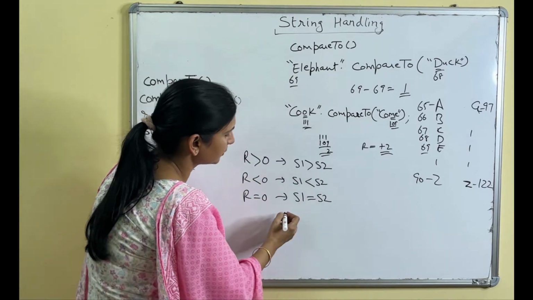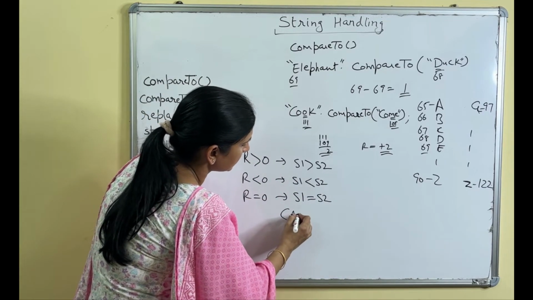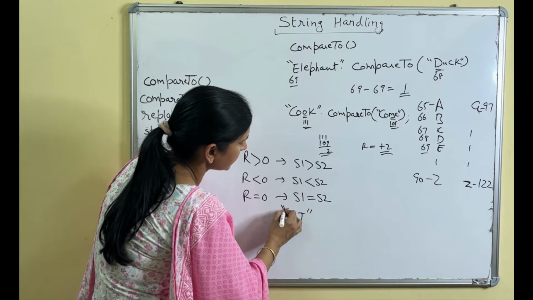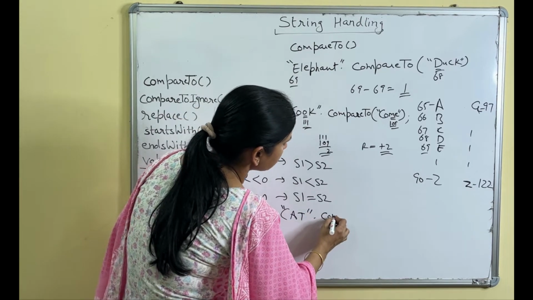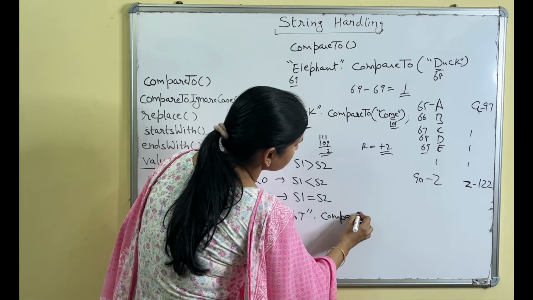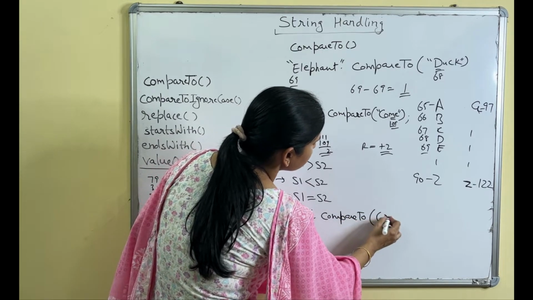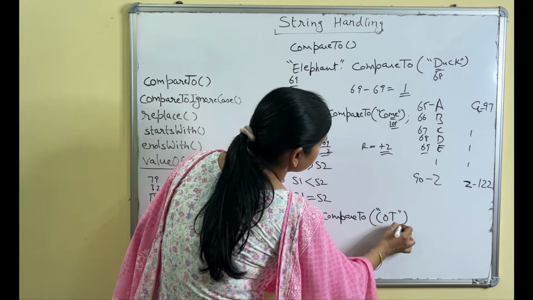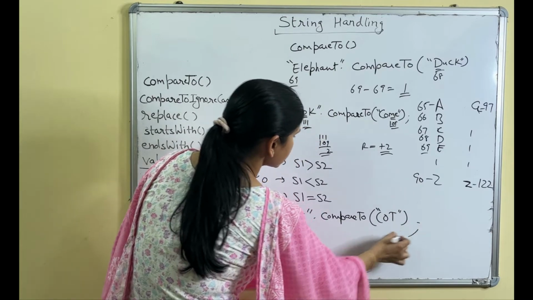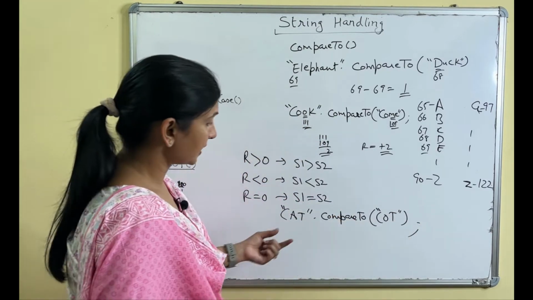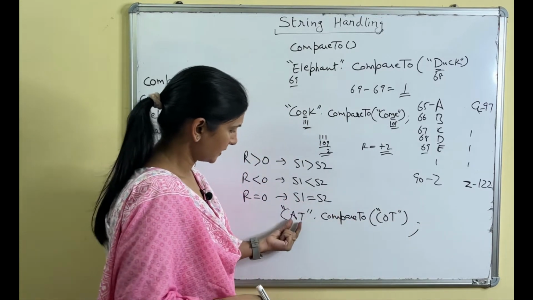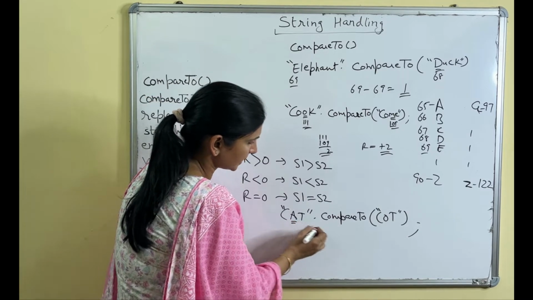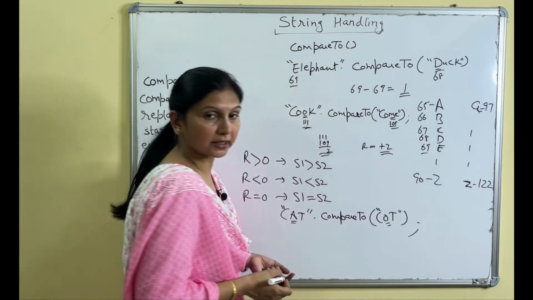Let's see one more example. One string is cat and the second string is coat. Character by character will be compared. The first character is the same, then for the second, one is small a and the other is small o.